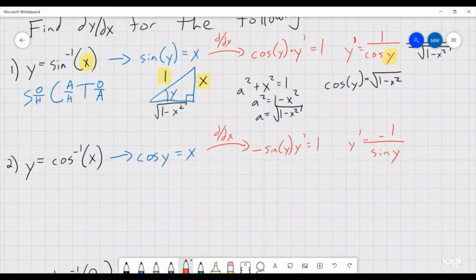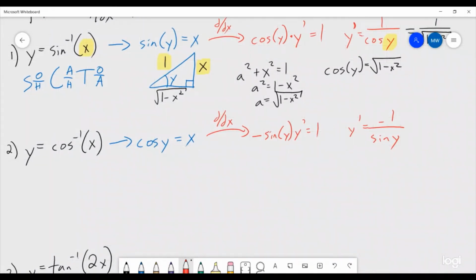Well, we're going to need to know what is sine of y. So we're going to draw another one of these triangles. This time it's cosine of y, so y is again our angle. But then this time it's adjacent over hypotenuse is x, because cosine is adjacent over hypotenuse, so that means that it's going to be x and 1 here. So then this side, again, we're going to need to use the Pythagorean theorem to solve it.